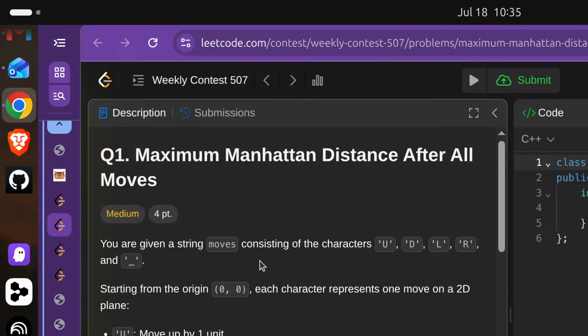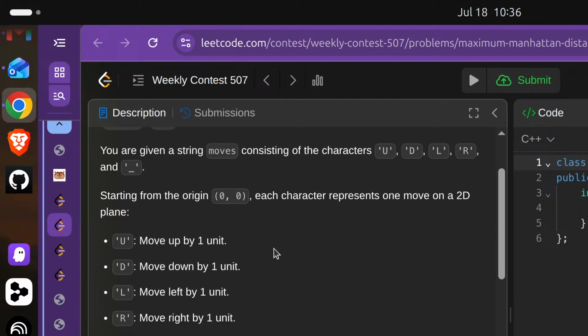U means up by 1 unit, D means down, L means left and R means right. Underscore can be independently replaced with any of U, D, L and R. So return the maximum Manhattan distance from origin that can be achieved after all moves have been performed.